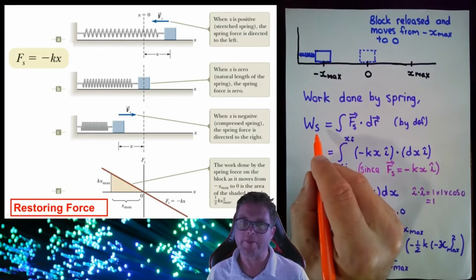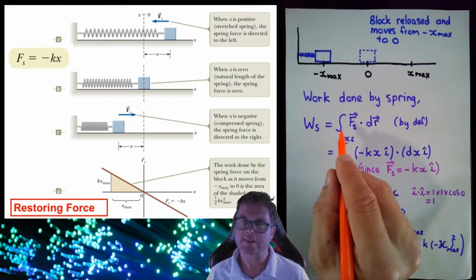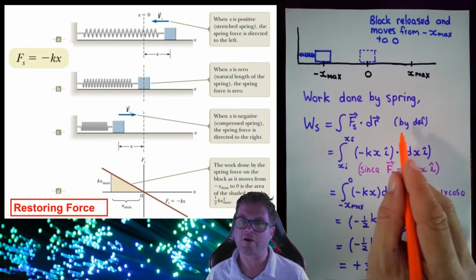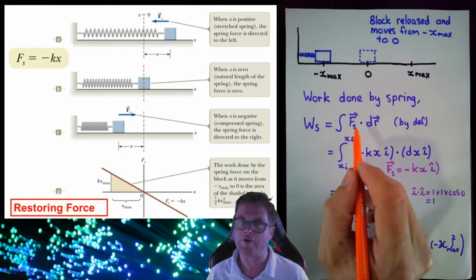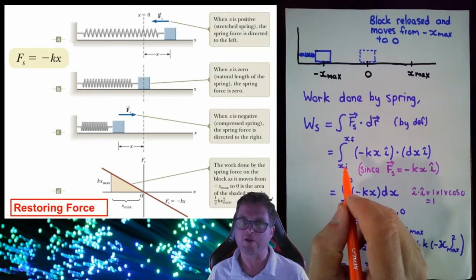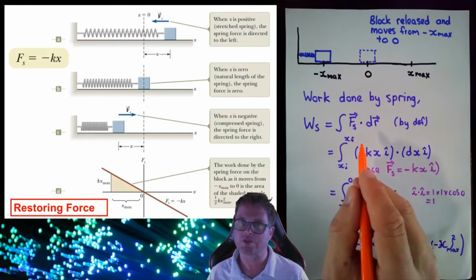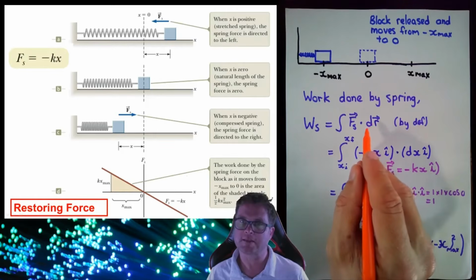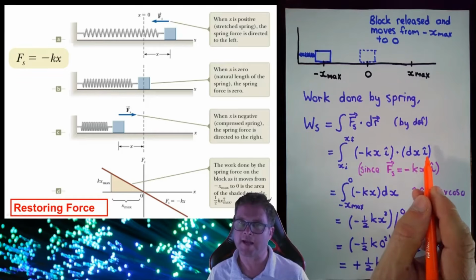Remember, we're asked here to calculate the work done by the spring. So the work done by the spring is equal to, in terms of our definition of work, the integral of Fs dot dr, and this follows from the definition for the work done by a non-constant force. So if we go on to evaluate this, from Hooke's law, we know that Fs is equal to minus kx in the i hat direction, and the displacement vector dr we can write as dx in the i hat direction.